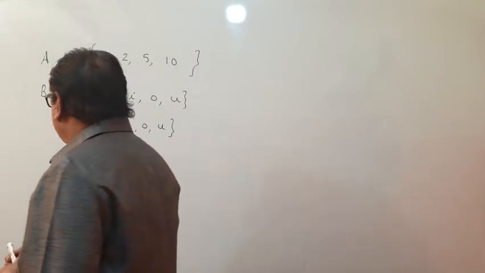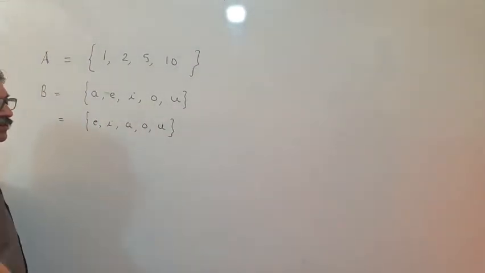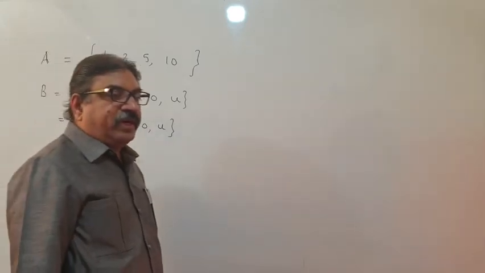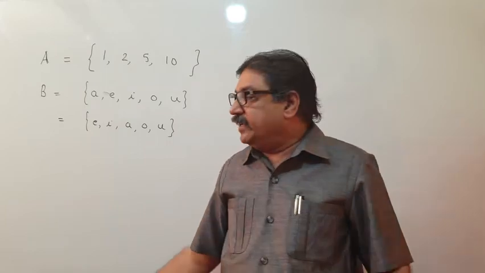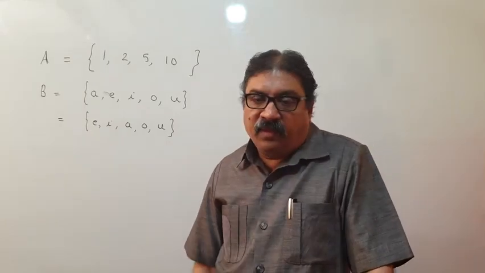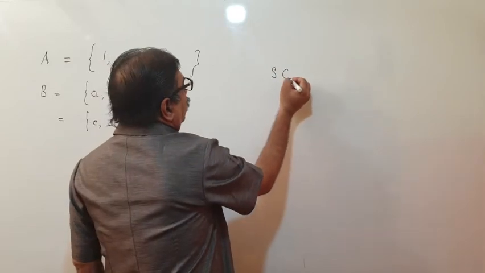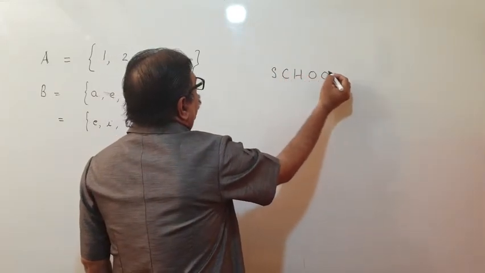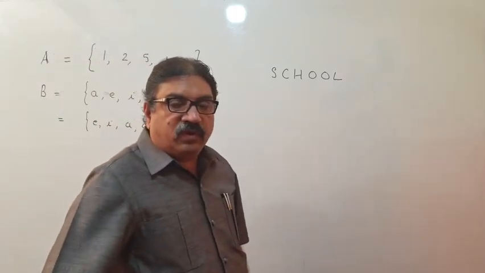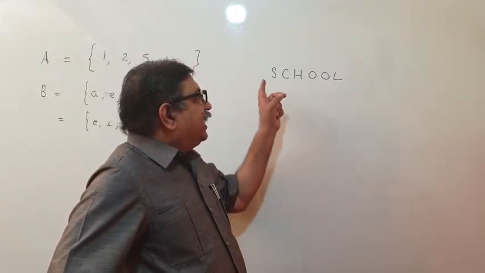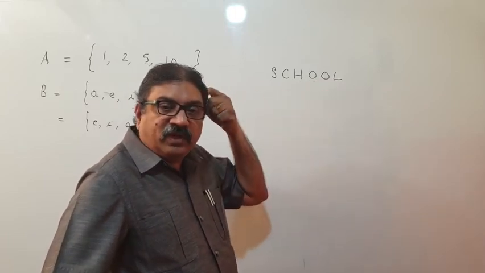Also please understand, children, that no element of a set can be repeated. You will never write any element twice. It has to be written only once. Supposing this is the word school, and I ask you which letters have been used in this word. So you will say S, C, H, O has been used 2 times, L has been used 1 time.